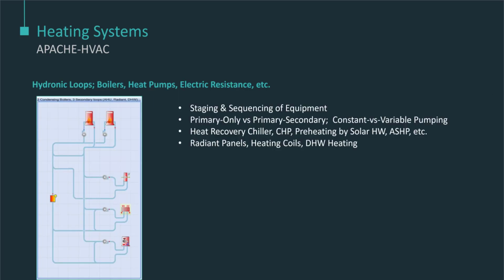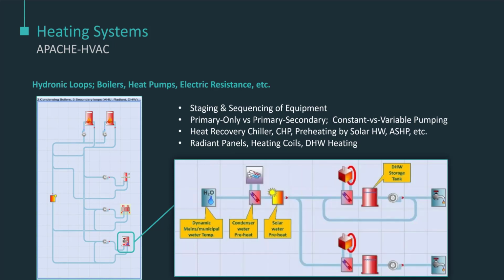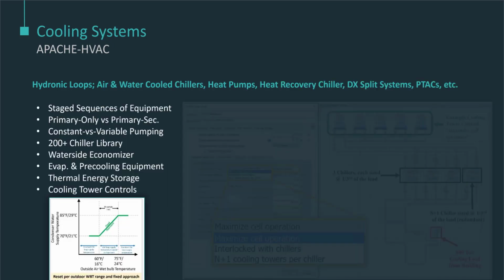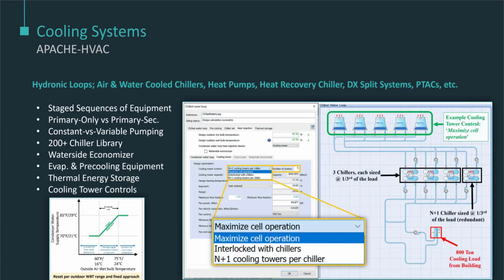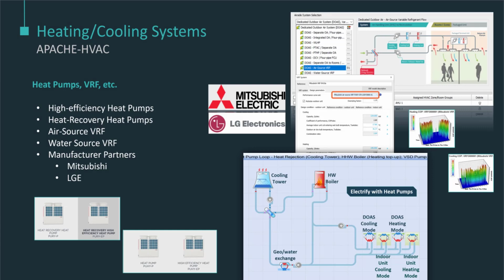In terms of what's available, airside I showed you previously, but on the heating side, it can be hydronic heating, heating for AHU coils, radiators, radiant panels, domestic hot water. The cooling side, it's chillers, DX, heat pumps, cooling towers, water side economizer, heating / cooling or a hybrid approach.